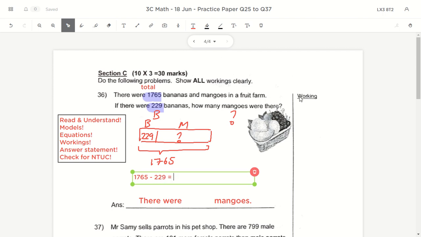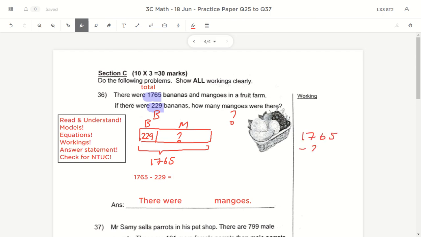Let's work it out over the working. Workings always do at the side. 1,765 minus 229. Regroup 5, regroup 15 minus 9 gives you 6. 5 minus 2 gives you 3. 2 minus 7, minus 2 gives you 5, and 1 over here.